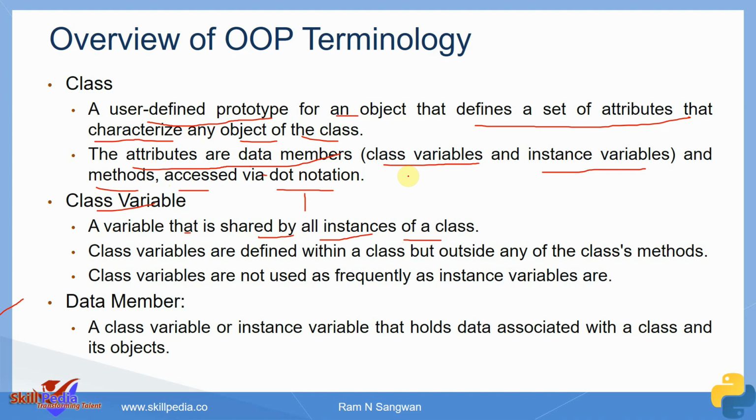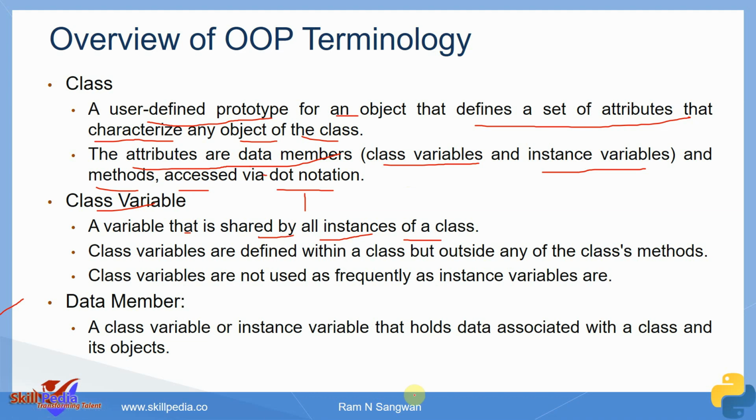Bus is an object of the vehicle class. If vehicle is a class, then bus is an object. So every vehicle will have wheels. So I can say the wheel is that variable, because all instances of the vehicle class will have wheels. We can't have vehicles without wheels.